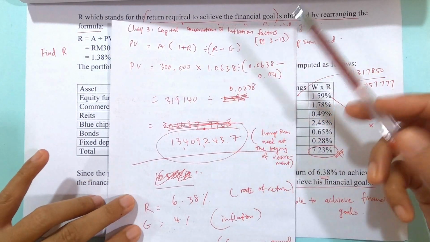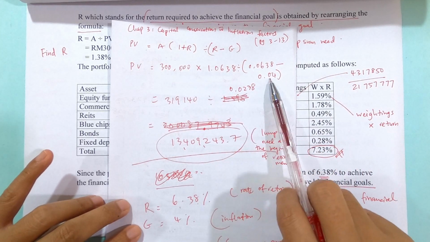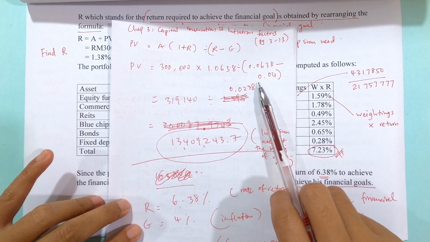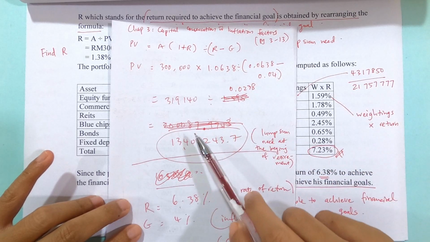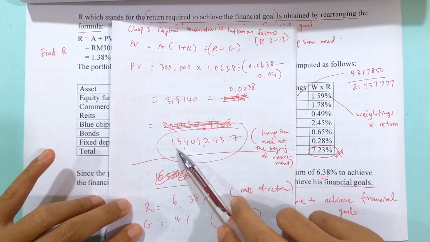G is equivalent to 4%, that is the inflation rate. Then we solve this equation and we can get the lump sum need at the beginning of the retirement is about 13 million.